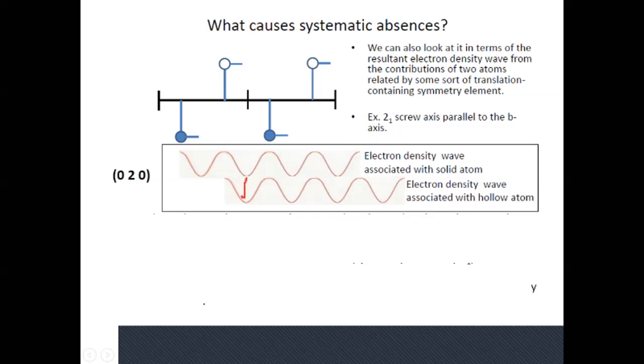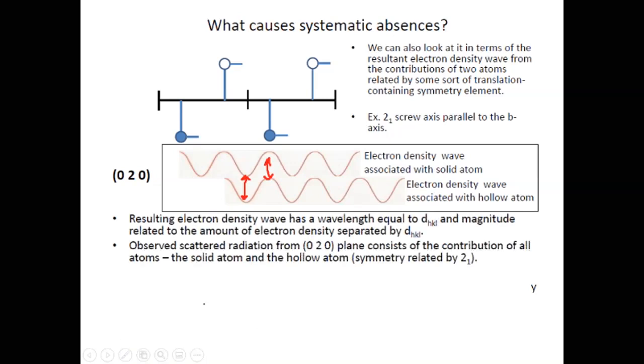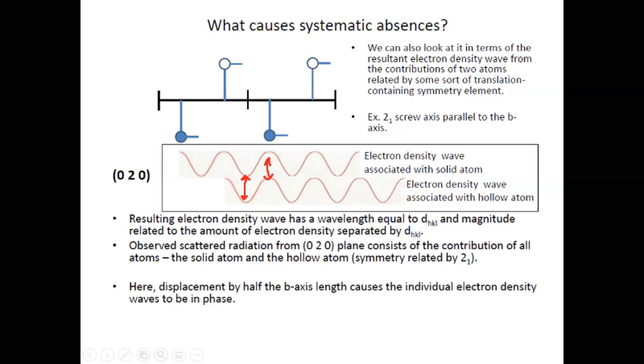And so if we look at the two electron density waves, you know that the 0, 2, 0 lines up constructively. So the 0, 2, 0 doesn't involve destructive interference, it involves constructive interference. And therefore, since they constructively interfere, you're going to see intensity for the 0, 2, 0 reflection plane.